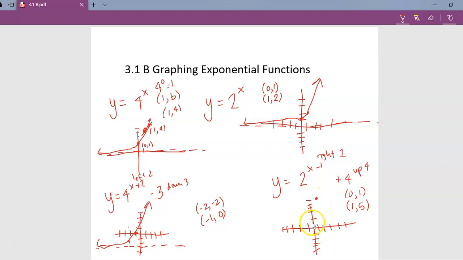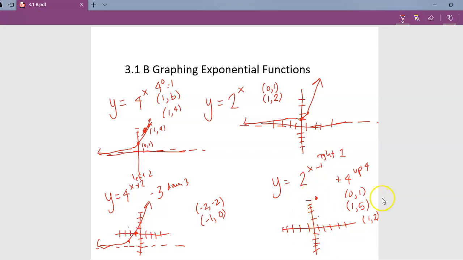Again, I can also just start by counting right here. If I'm at 0, 1 and I go right 1 and then up 4, it gets me to the same place, 1, 5. The other point that would be on the graph is 1 base, so 1, 2 in this case. So 1, 2 is also going right 1 and up 4.